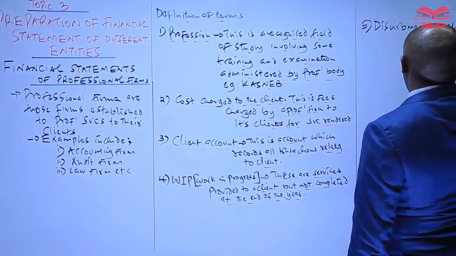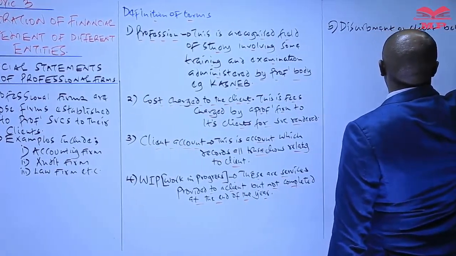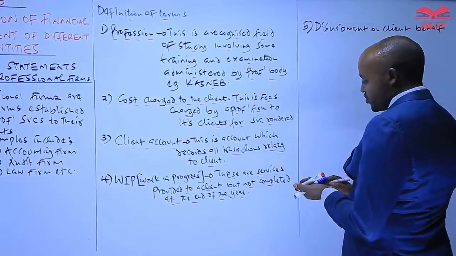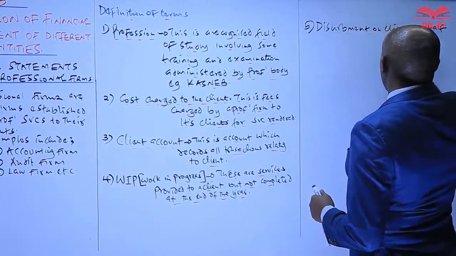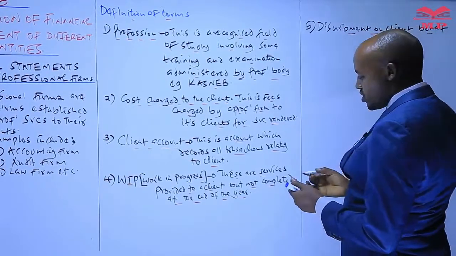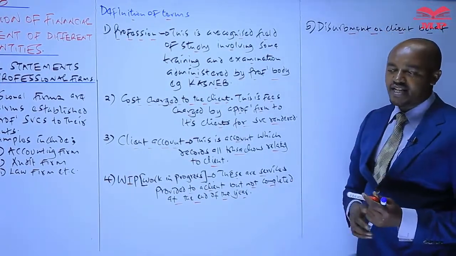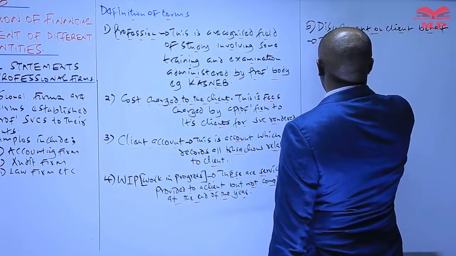Disbursement on client behalf. When we talk about the disbursement on client behalf, this refers to any payment which has been made by a professional firm on behalf of the client. Any payment by a professional firm on behalf of the client.